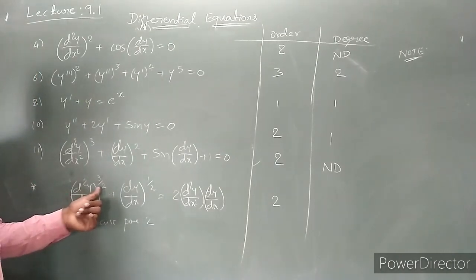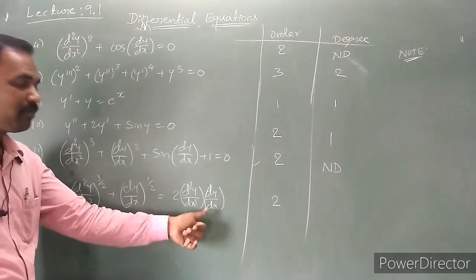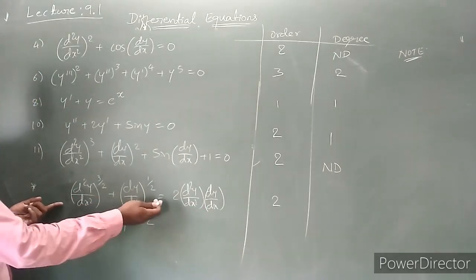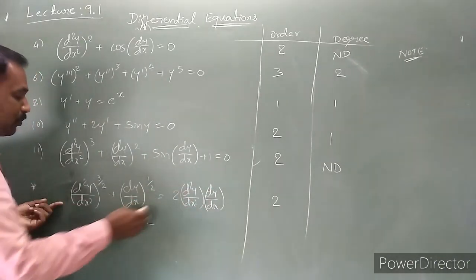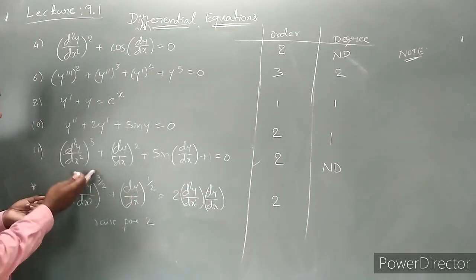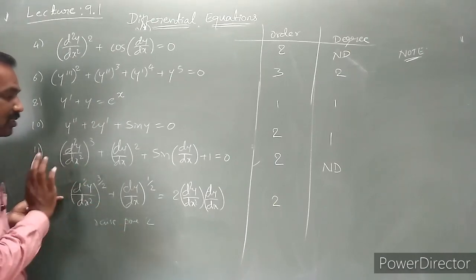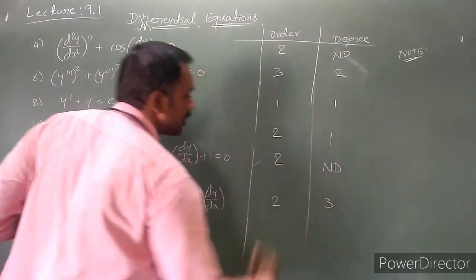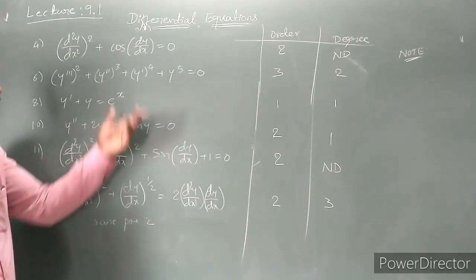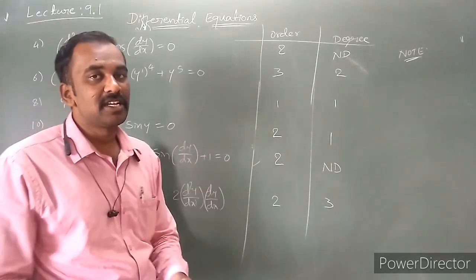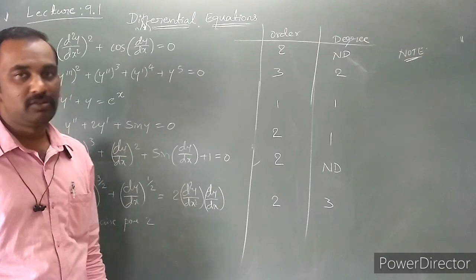Raising the power, (a plus b) whole square gives a square plus b square plus 2ab, so we get a square plus b square plus 2ab terms. The power 3 by 2 becomes 3, since 2 into 1 by 2 cancels. So the degree is 3. This is how we write the order and degree of the given differential equation. Very important for the 2 marks.